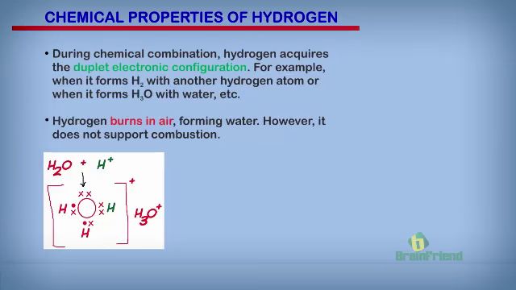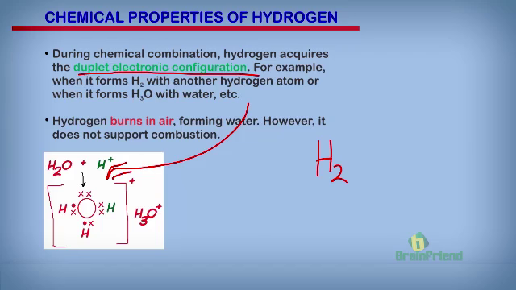Still on chemical properties of hydrogen. During chemical combination, hydrogen acquires the duplet electronic configuration. For example, when it forms the hydrogen molecule with itself, or when it forms the hydronium ion with a compound of water.